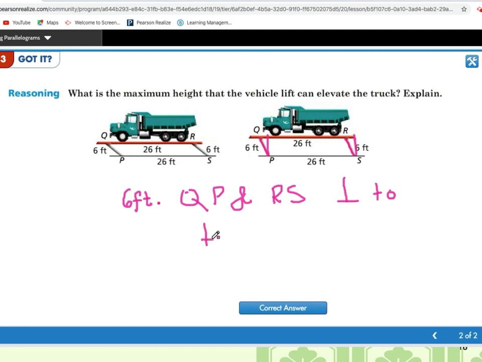That will be the maximum height where the vehicle can be lifted, when QP and RS are perpendicular to the ground, and the maximum elevation will be determined by how long QP and RS are. Since they are 6 feet, the maximum height the vehicle can be lifted is 6 feet, and that will occur only if QP and RS are perpendicular to the ground.